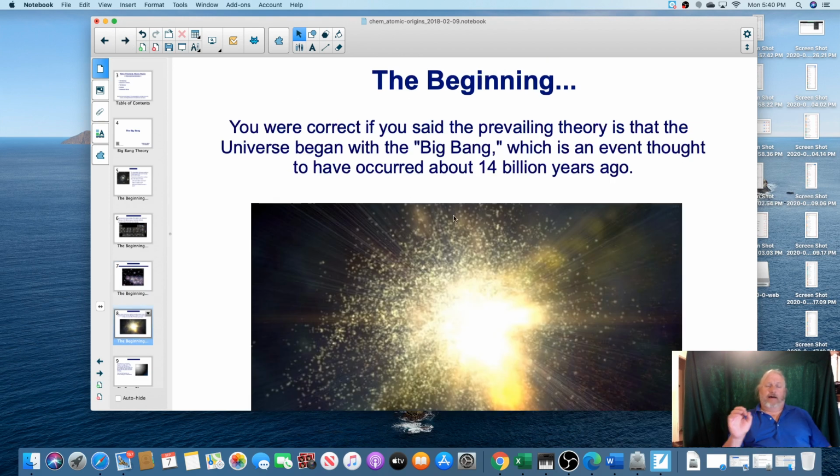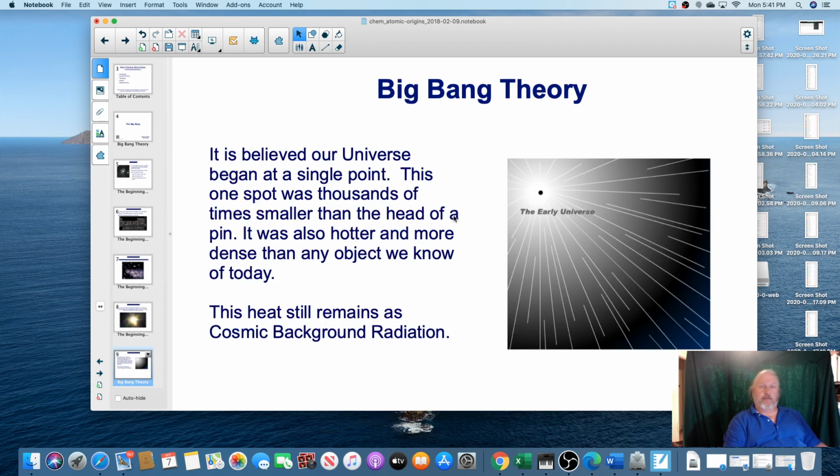The prevailing theory of where the universe began is the model we call the Big Bang. This was thought to have occurred about 14 billion years ago. The Big Bang theory holds that our universe began at a single point. This one point was thousands of times smaller than the head of a pin.